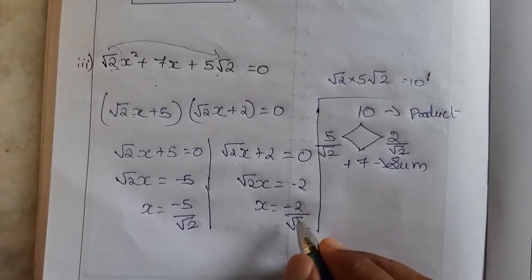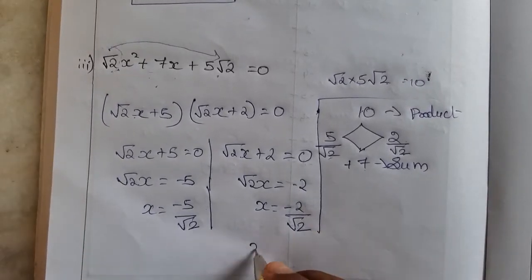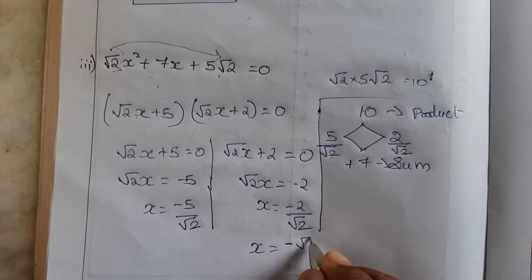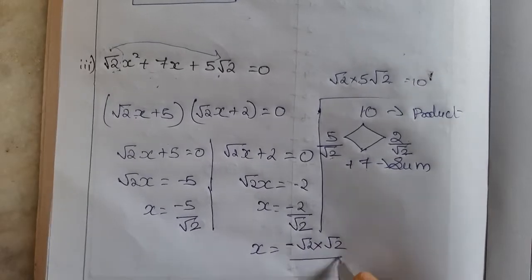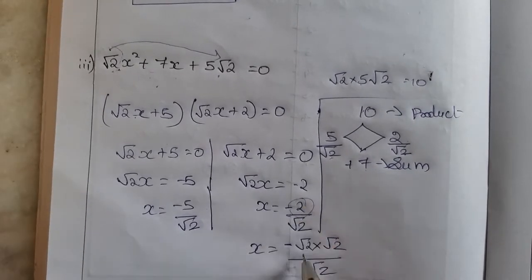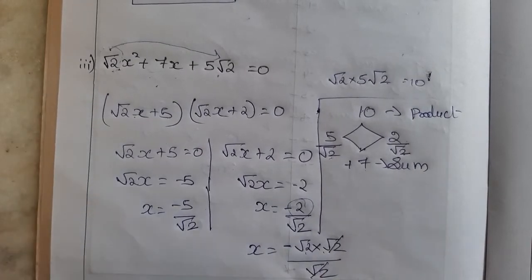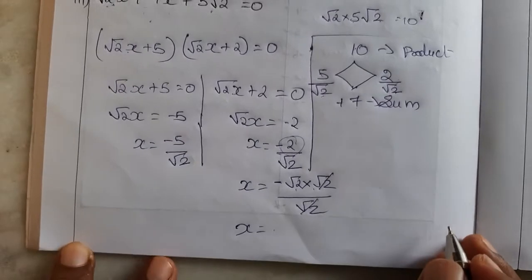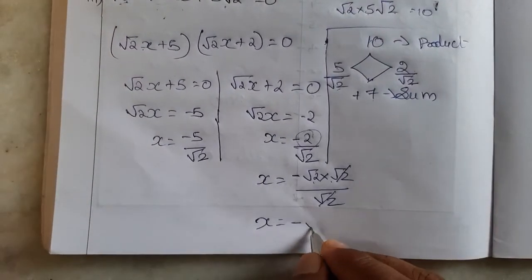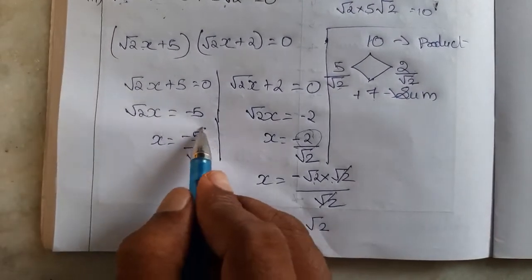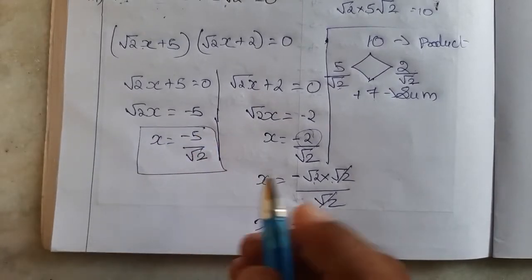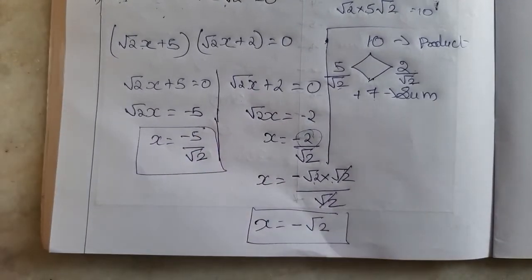This we can simplify, we can rationalize, right? The 2 we can write as √2 into √2, so √2 and √2 cancel. So x = −√2. So the values of x are −5/√2 and −√2.